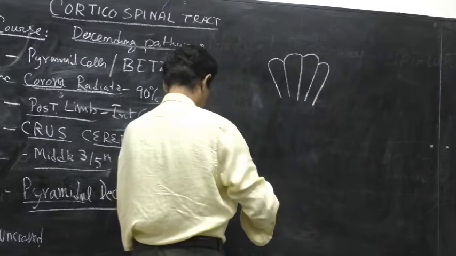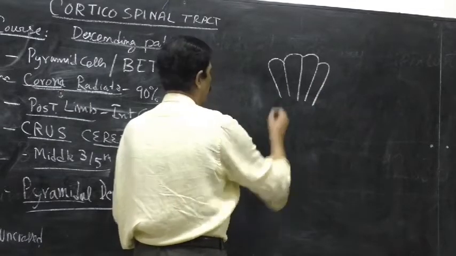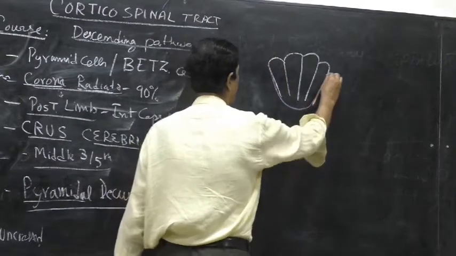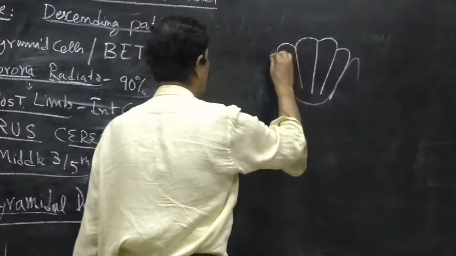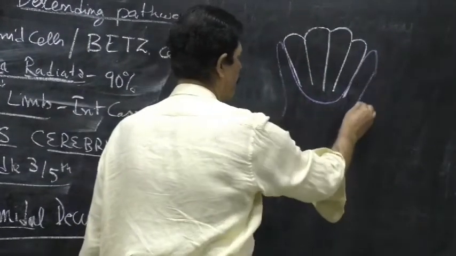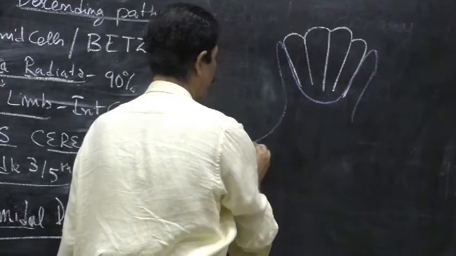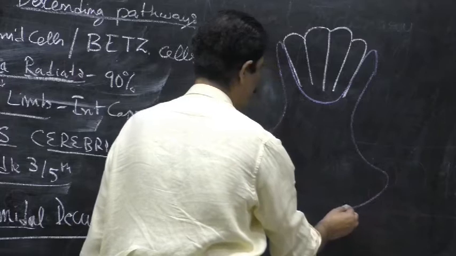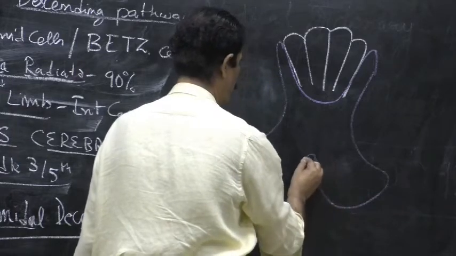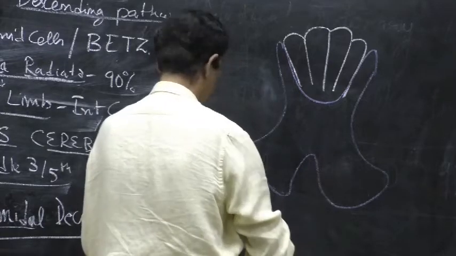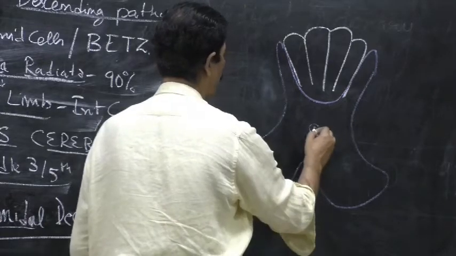Then we have to make the posterior horn of the gray matter with a conical apex and the base is broad. Continue anteriorly as the right and left two ventral horns with the central canal with CSF in it.